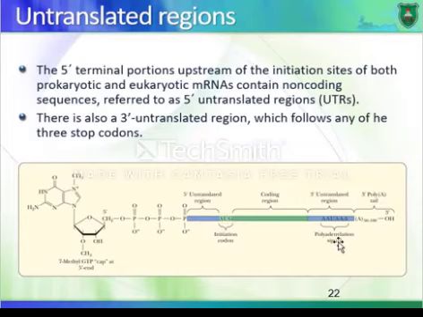Also, we have the 3' untranslated region, which follows any of the 3 stop codons. So these untranslated regions are very important in the regulation of translation. We will talk about these untranslated regions and their function in the coming slides.